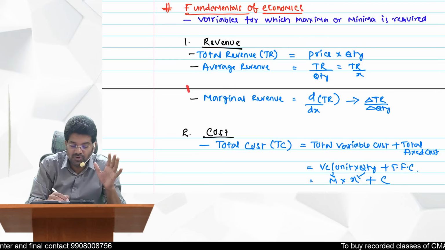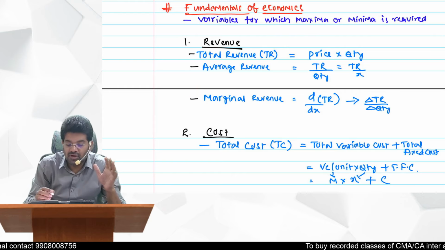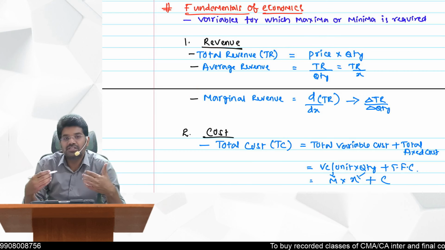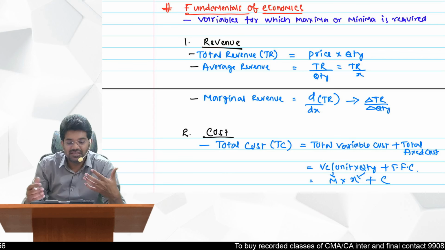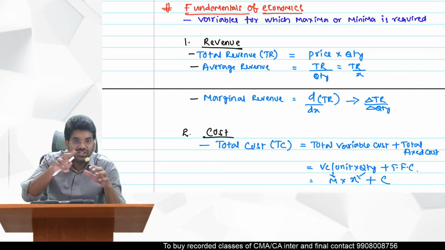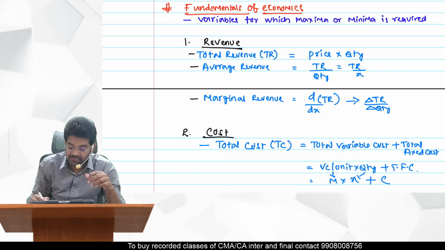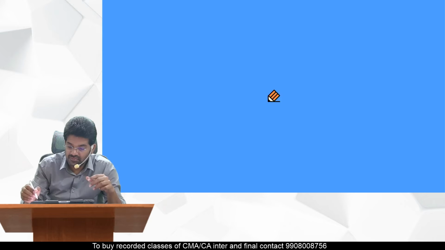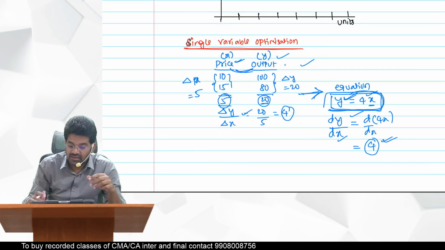Remember, this is an important point, because I told you that a derivative is nothing but change only, no? I gave this example when I was trying to explain the relationship between two variables, if you remember.